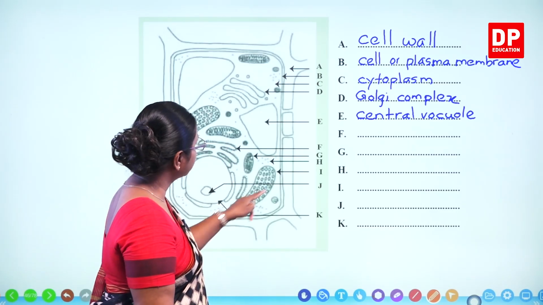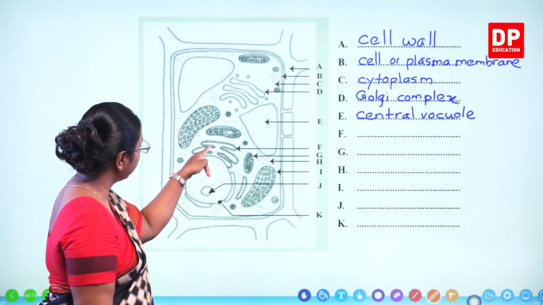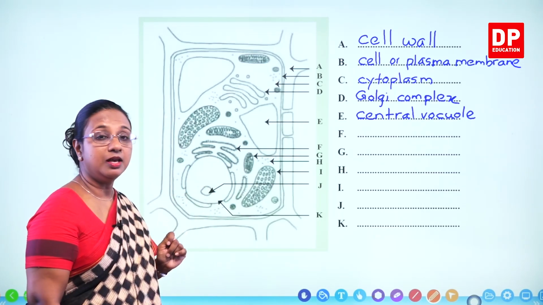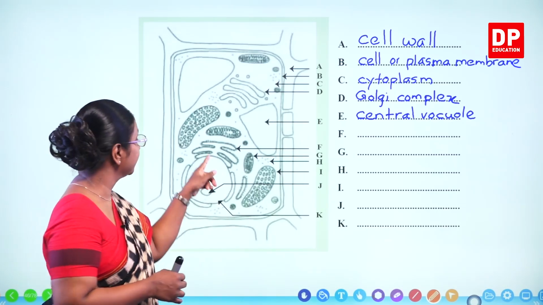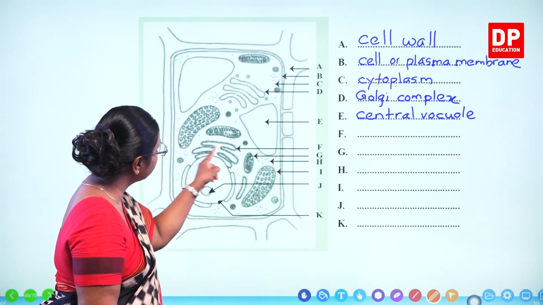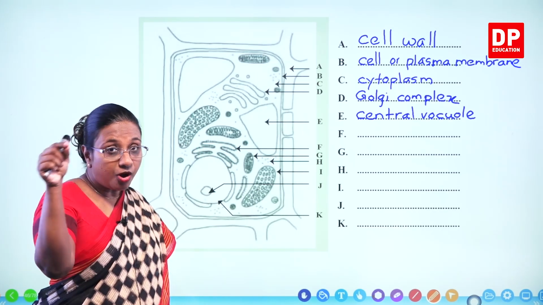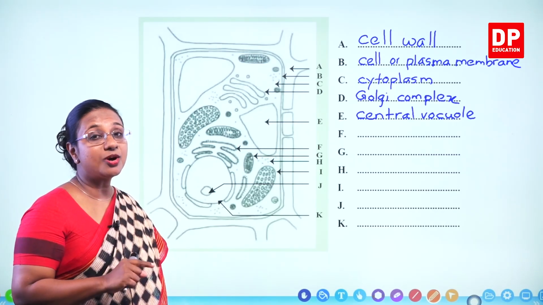Then we have structure F. Here you can see the structure F is part of the nuclear envelope or it actually extends from the nuclear envelope and also there are dots seen on the surface. You know what those dots are?